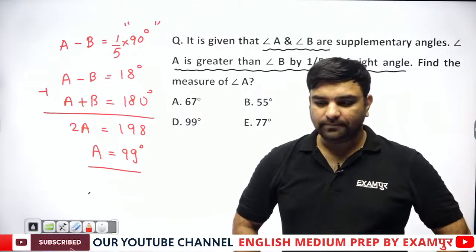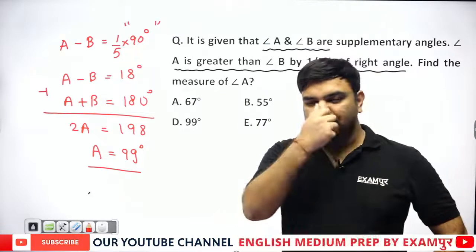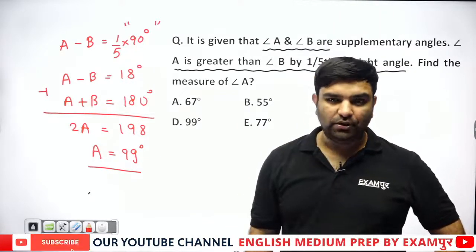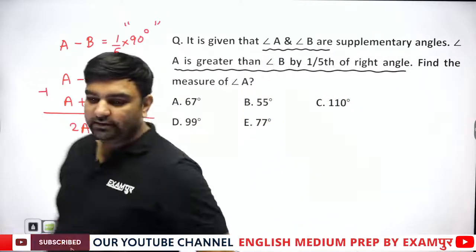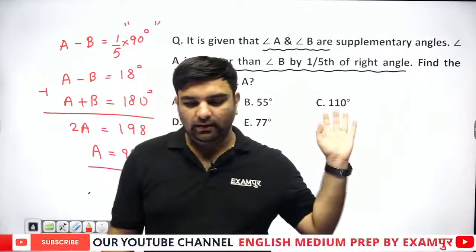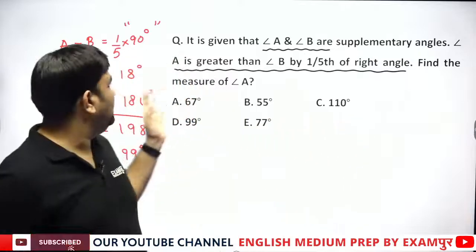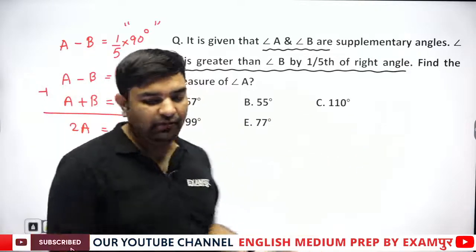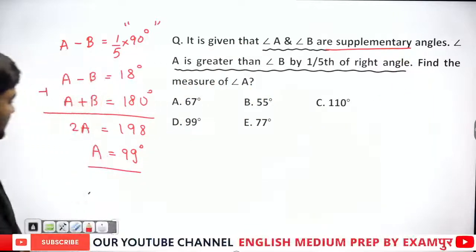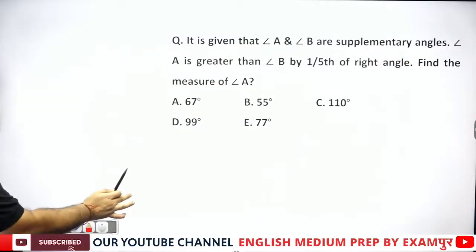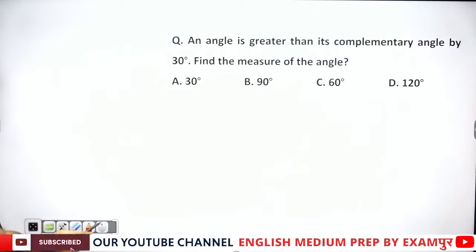Clear, guys? Especially the new ones. A is greater than B, that is A minus B is 1/5 of a right angle, and A plus B is already supplementary. That is why I've taken them equal to 180°. Next.